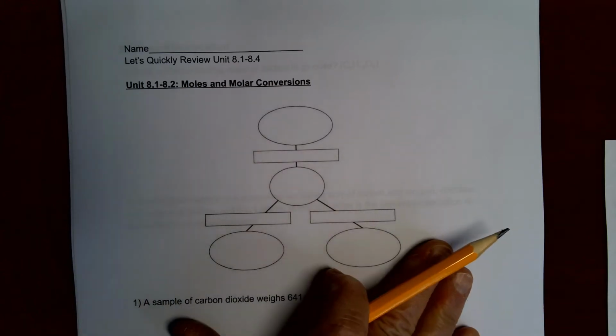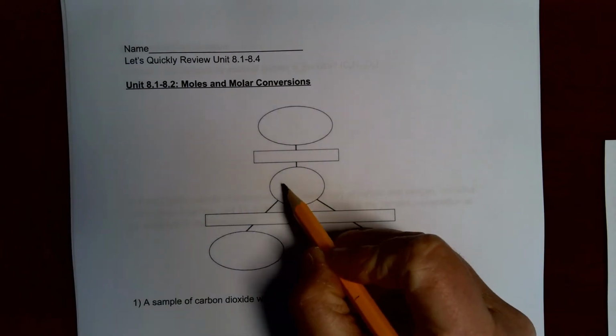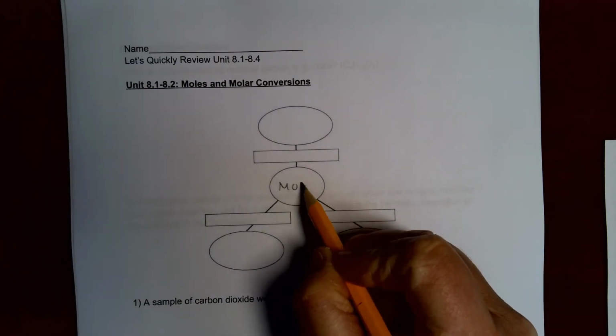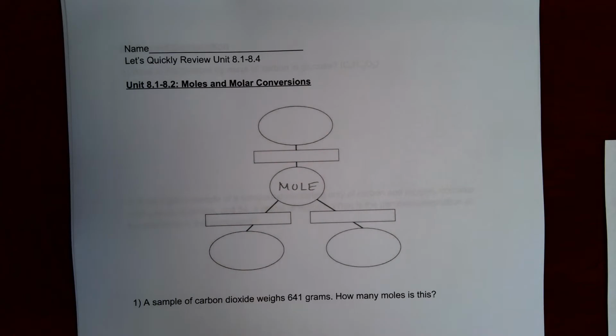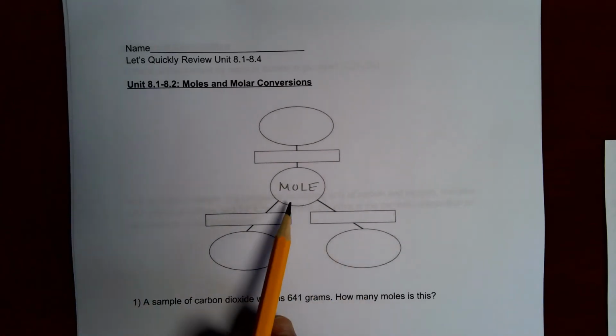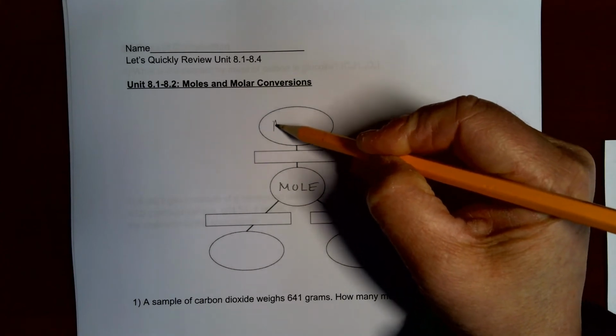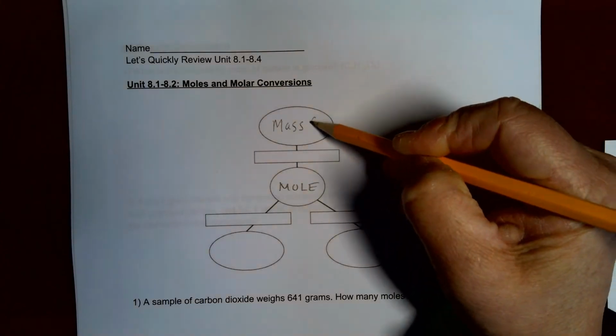So if we remember that there was a mole roadmap, which helps you keep track of where you are in the problem, we have this map centered around the mole, meaning if you have a quantity and the unit is moles, that means you're starting here at the center of the map. Now we can convert to mass of a substance in grams.